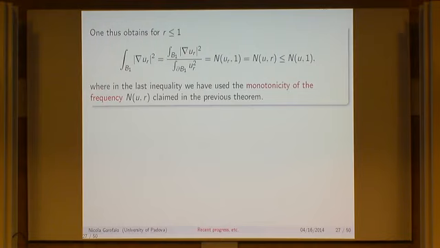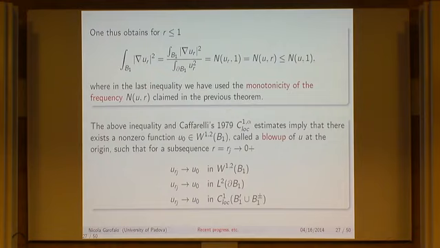So if you combine this with the C^{1,alpha} estimates of Caffarelli, 1979, okay, C^{1,alpha} estimates are crucial. We don't know what the good alpha is, but it's a fundamental step in the process. So if we combine this observation here with the C^{1,alpha} estimate, we end up showing that there exists, by a standard diagonal process, a non-zero function. Why non-zero?